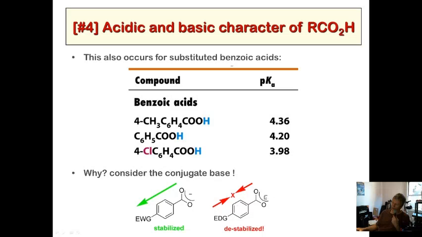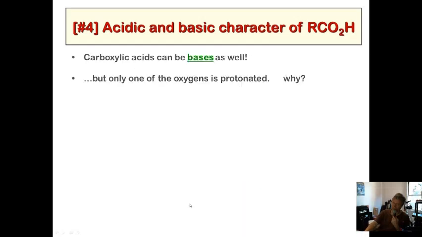This negative charge is kind of putting its electrons in, and there's kind of a conflict, and that just slightly destabilizes the conjugate base, and you get a slightly higher pKa. Benzoic acid in the middle is the same. It's like the middle one, and it's the middle pKa. So it's like in between both of these extreme cases.